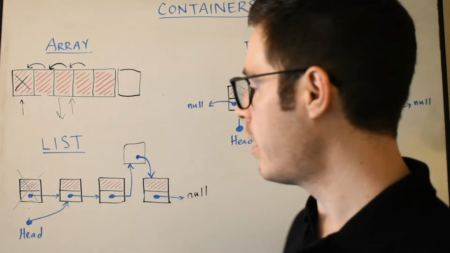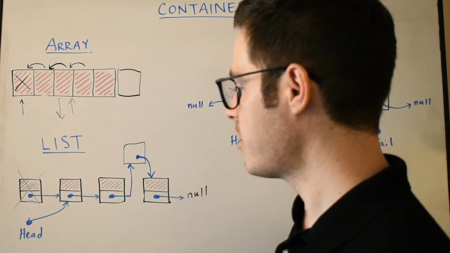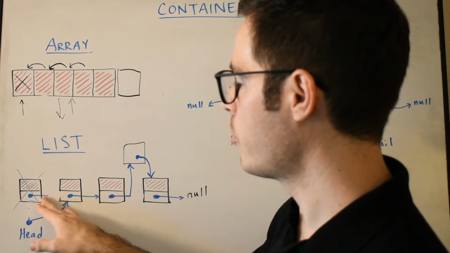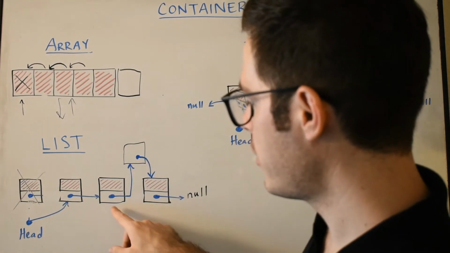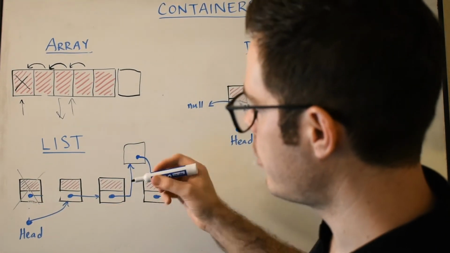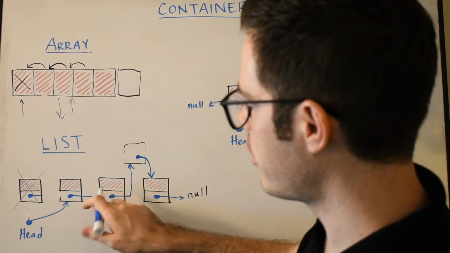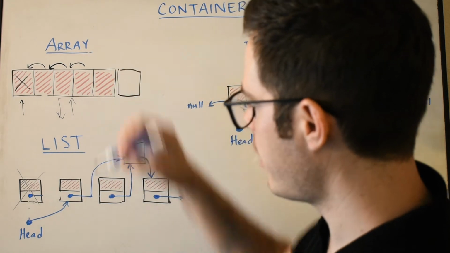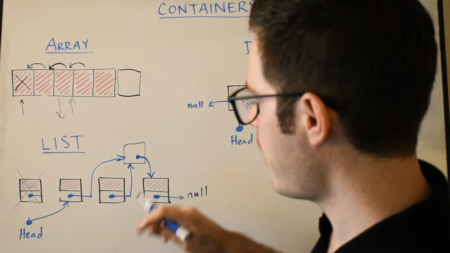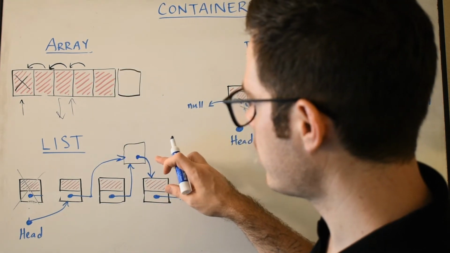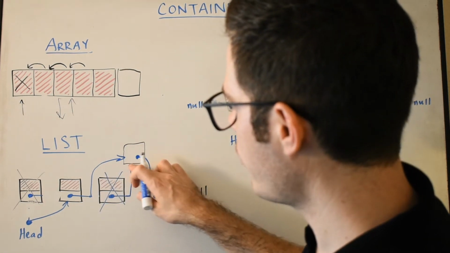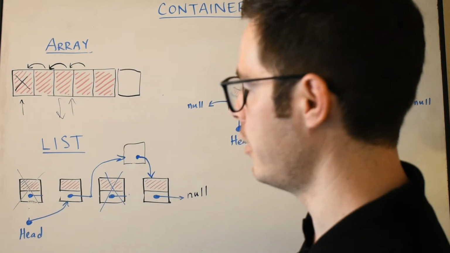And basically the same principle applies when you're removing a node. Say we wanted to remove this node, all we would have to do is make this next pointer here for the previous node point to the next node. And then we could simply cut this one out, and we no longer need to worry about that node.